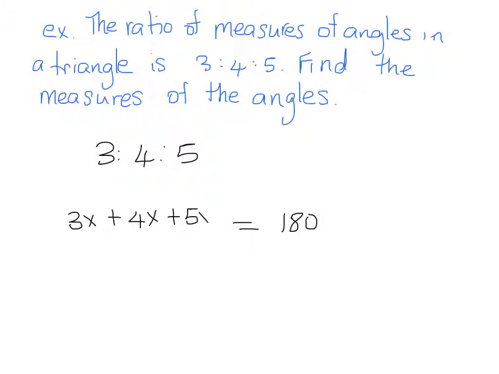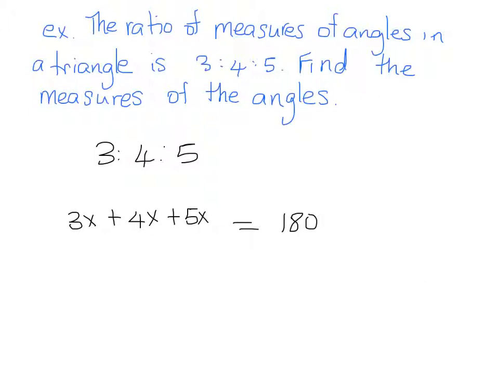Let's call that number x for now. When we have 3x plus 4x plus 5x, that would have been the unreduced ratio, and when we add those up, we should get 180 degrees. So let's solve for x, and that will help us figure out the measures of our triangle.